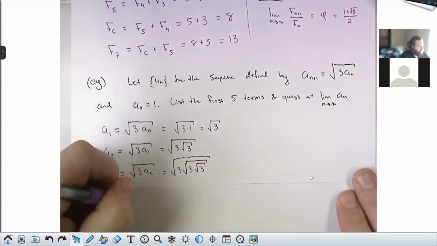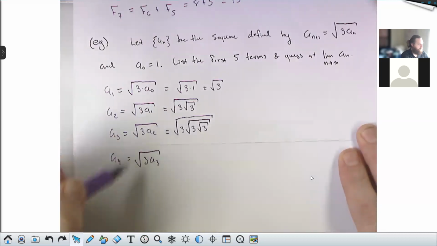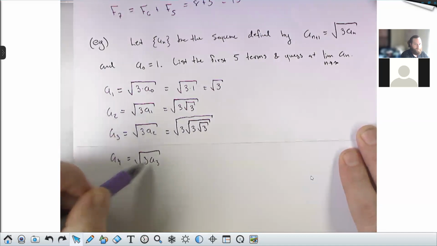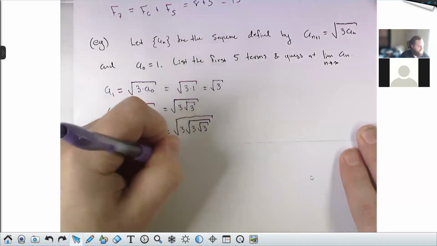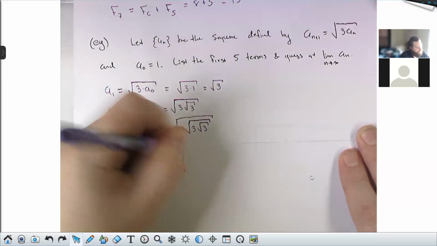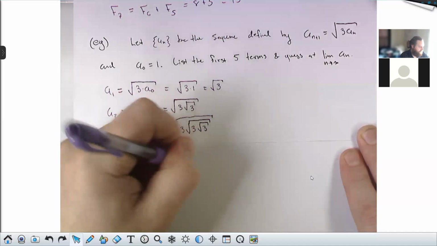a_4 is the square root of 3 times a_3. That means I'm going to have this big square root outside, and then a 3, and then this whole thing inside. So that's the square root of 3 times this whole thing.